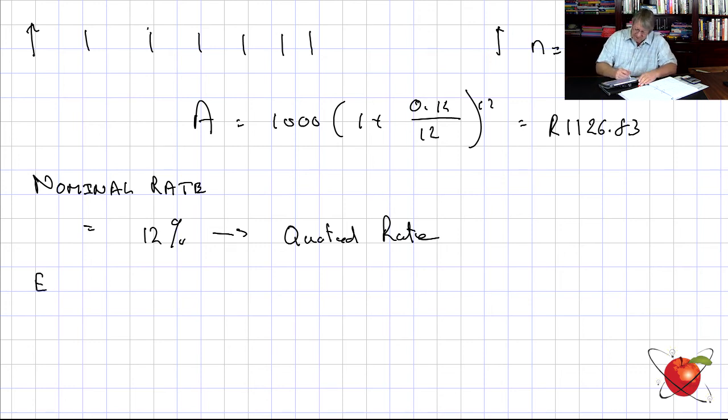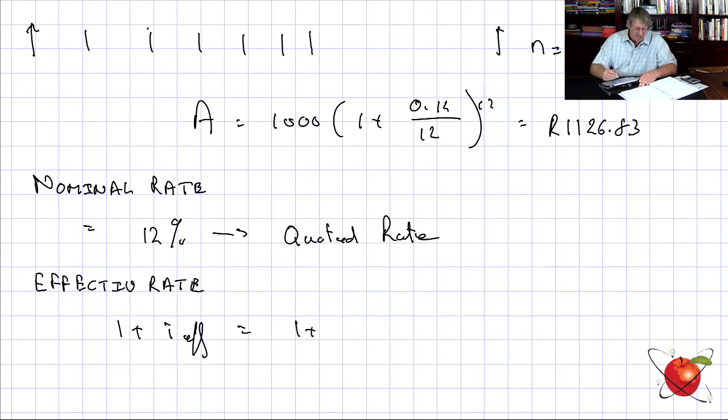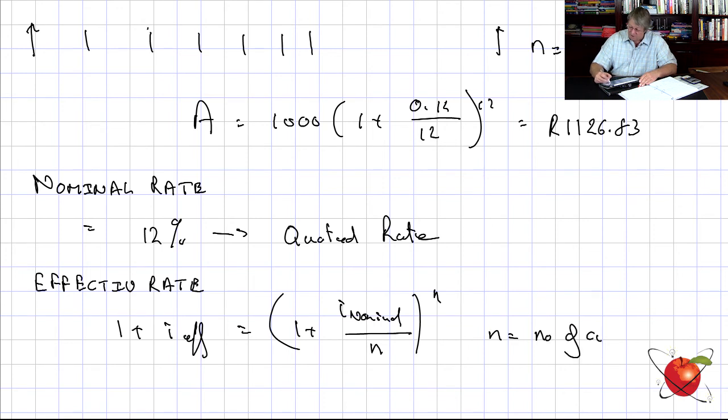The effective rate is going to be 1 plus i effective is equal to 1 plus i nominal over m, to the power of n. Like so. And n is the number of compounding periods.